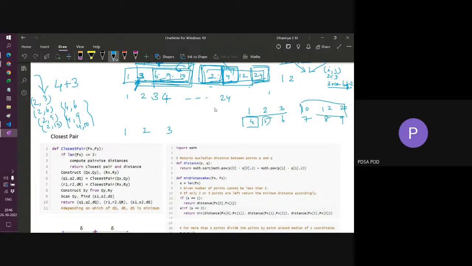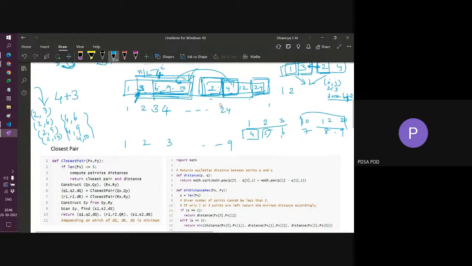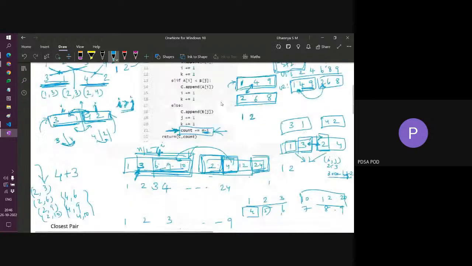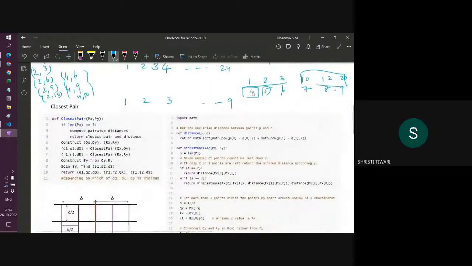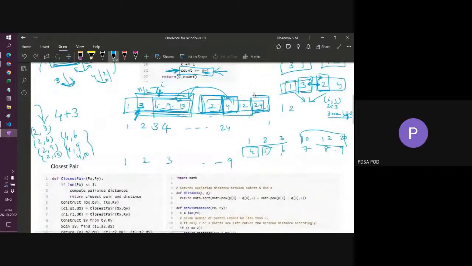When you have 5, you have these 3. 6, you have 3. 7, everything is there. Now you wrote till 9, you have written here. Now your j equals n, right? When your j becomes n, all that you have to do is append whatever is there in A to C, which is these 3. These are the ones remaining in A, right? This is the A and this is B.